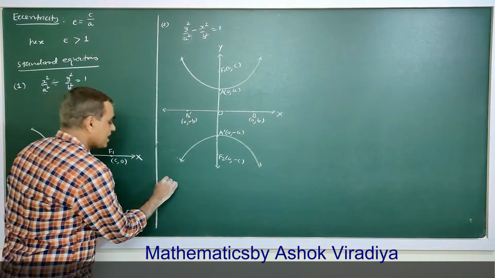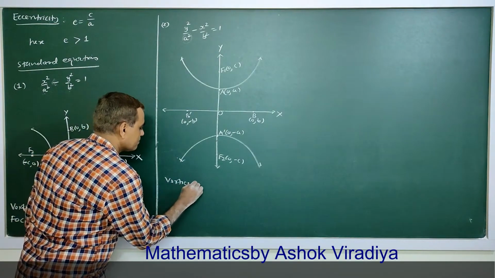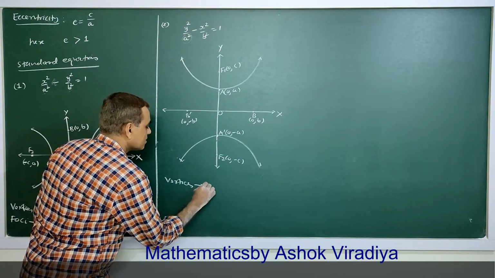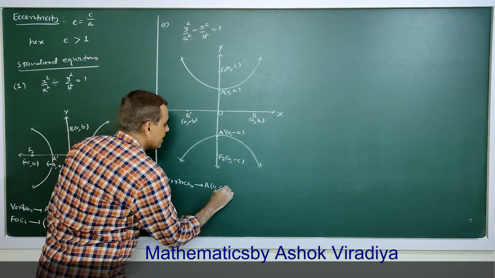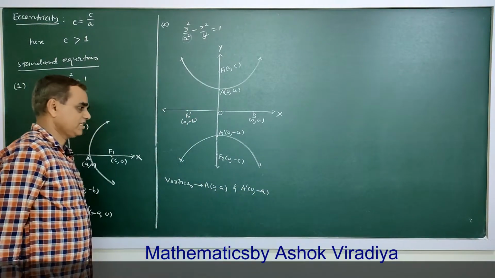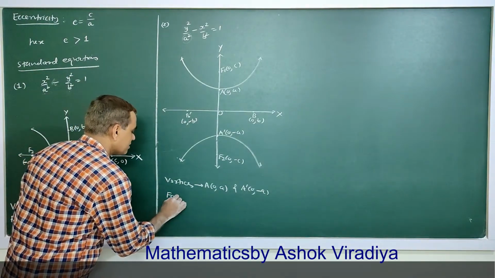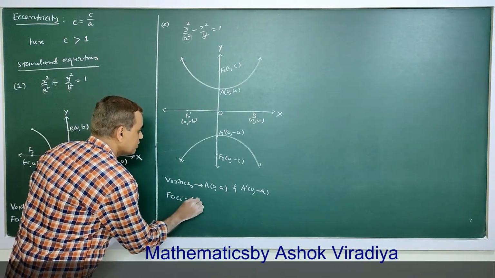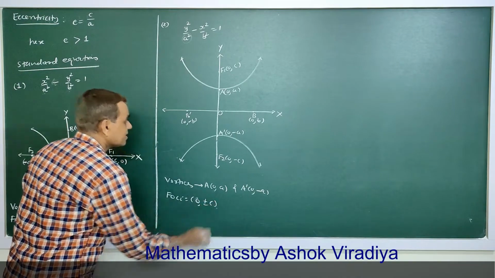Here vertices are (0,A), (0,minus A), and foci are (0, plus minus C).